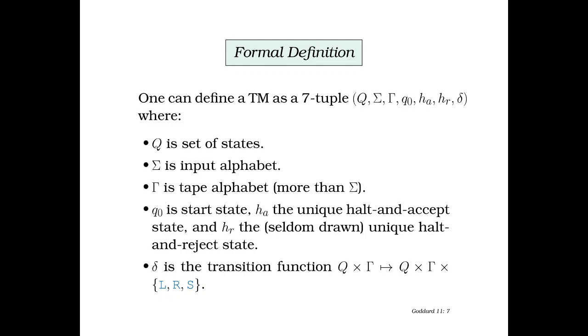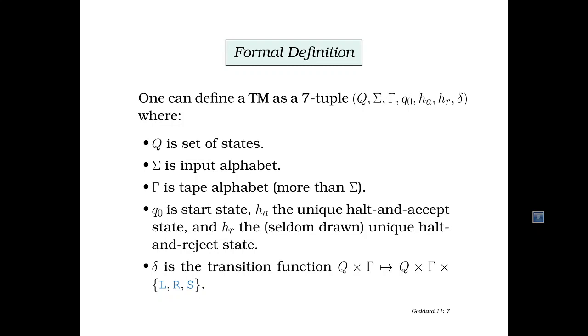One can define a Turing machine formally as a 7-tuple. So what does that mean? It means it will have different sets. The first is a set of states, which is Q. Now, we would be incomplete if we did not have an input alphabet.